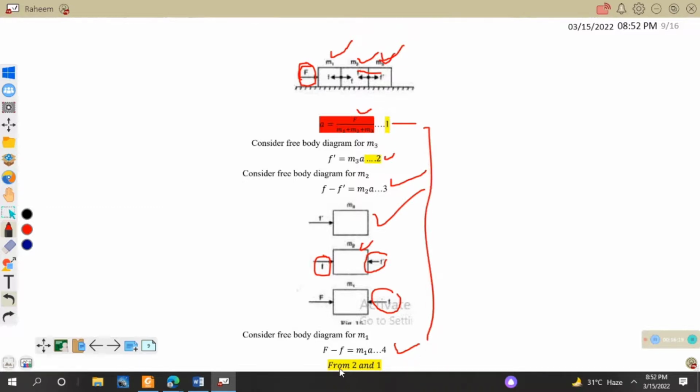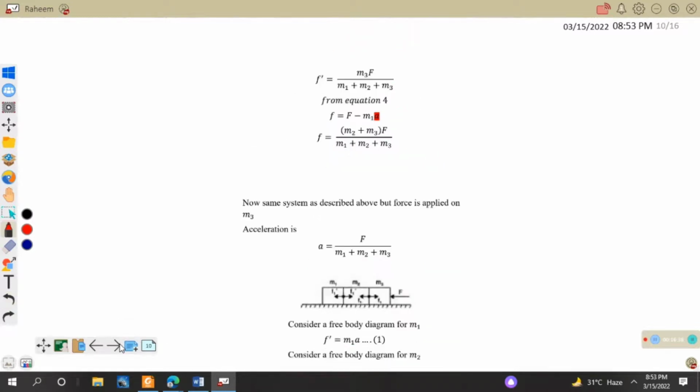Solving one by one, from 2 and 1, if we take this value of acceleration and put it into 2, we will get F prime, which is the contact force between m2 and m3, and similarly manipulating other equations.